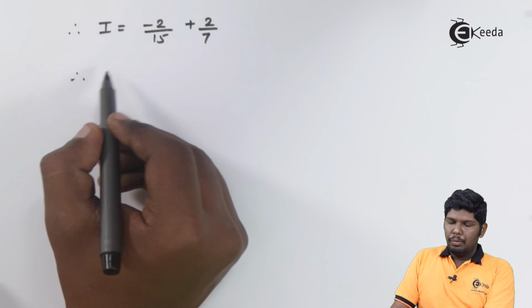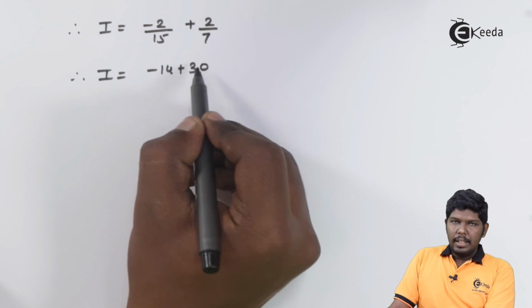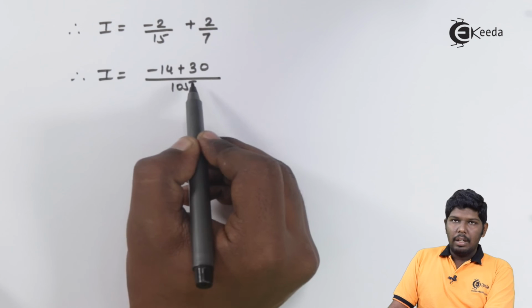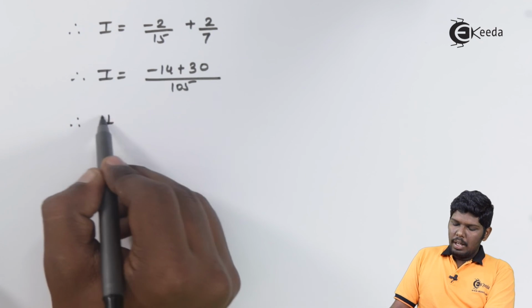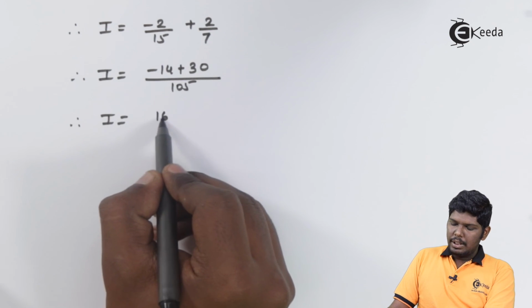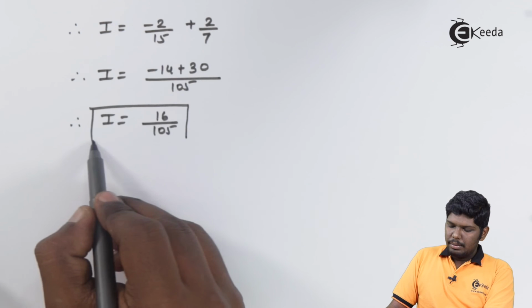On further solving these two fractions, I will be minus 14 plus 30 upon 15 into 7 will give you 105. Therefore I will be minus 14 plus 30 will give you plus 16 upon 105. This is the final answer.